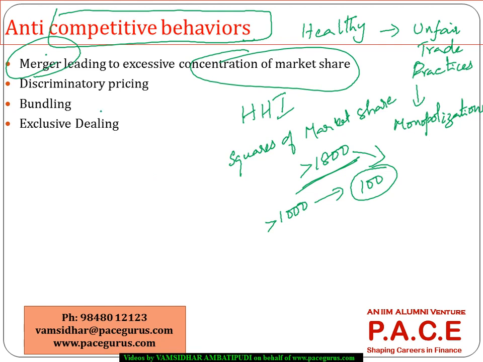Even if some kind of discriminatory pricing is being done, where some people are priced very heavily whereas some clients are priced very low, all these kinds of discrimination can be either promoted or hampered.